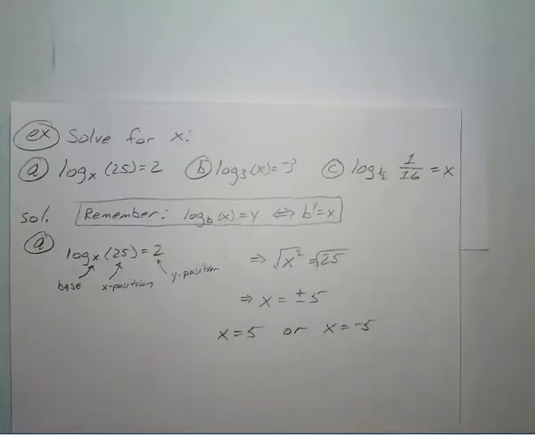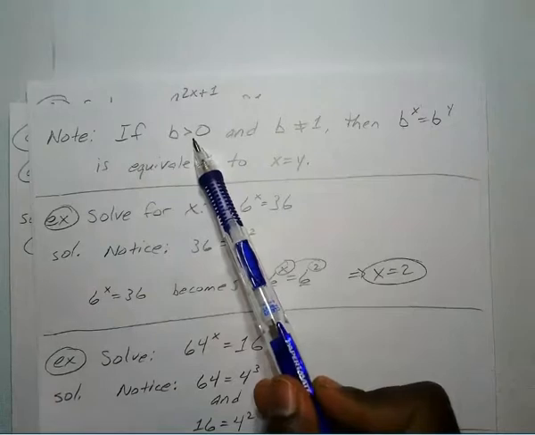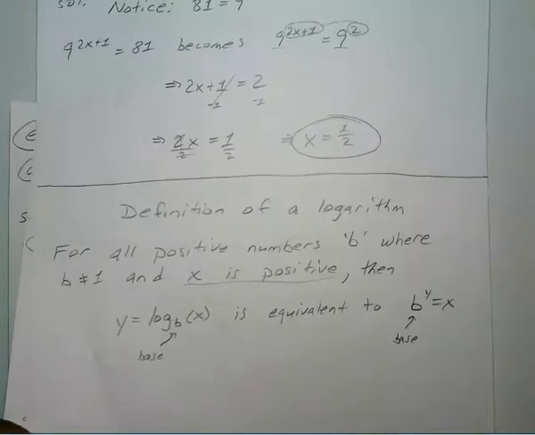Okay, but remember, if you go back to where we started, just bringing this up, notice your base has to be greater than 0 for both your exponential and logarithmic.